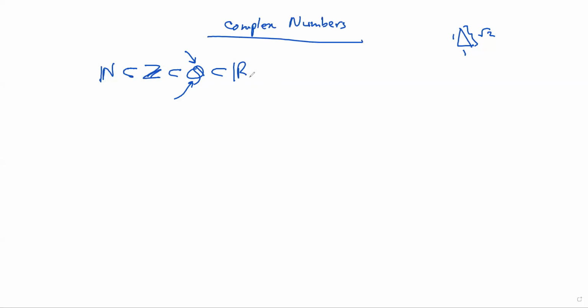And actually, this does not stop here. We progressed further and developed a bigger set of numbers called the set of complex numbers. Now, basically, what is a complex number? If you try to solve an equation that looks like this, it's easy to solve. x equals plus minus 1.